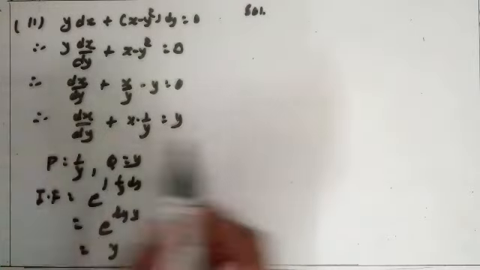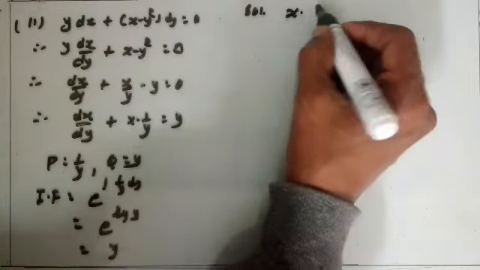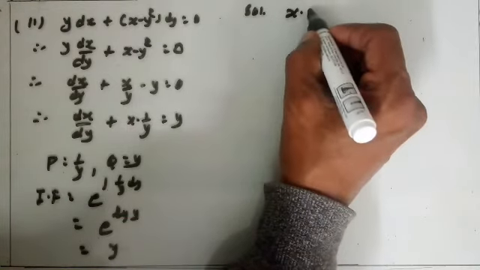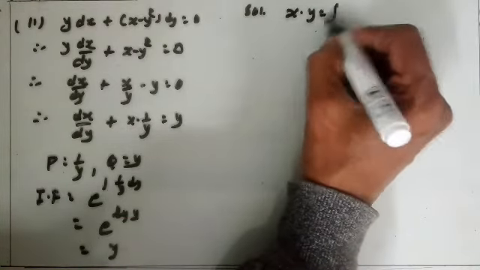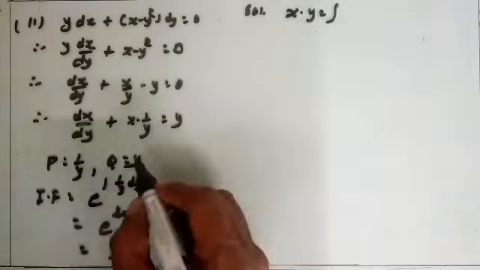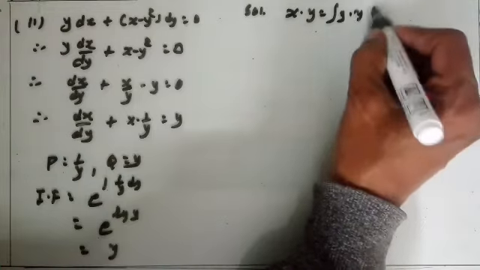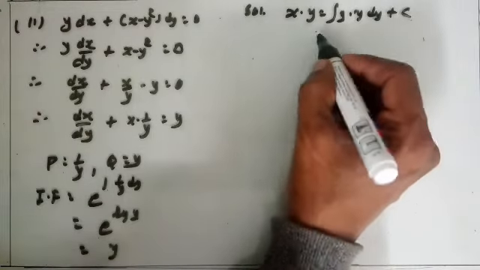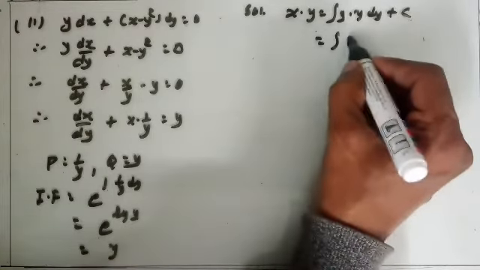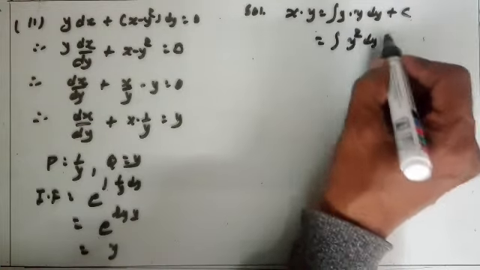here dx/dy is given, so x into integrating factor y is equal to integration of q, that is y, into integrating factor y dy plus c, so is equal to integration of y square dy plus c.